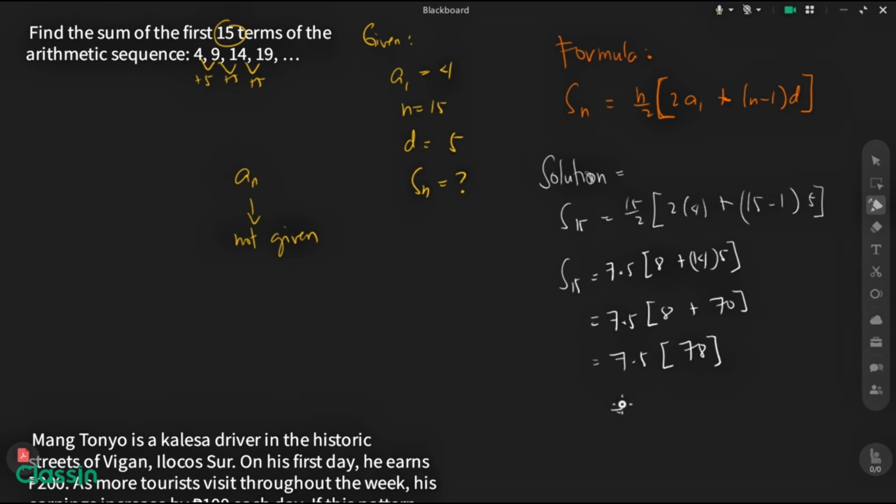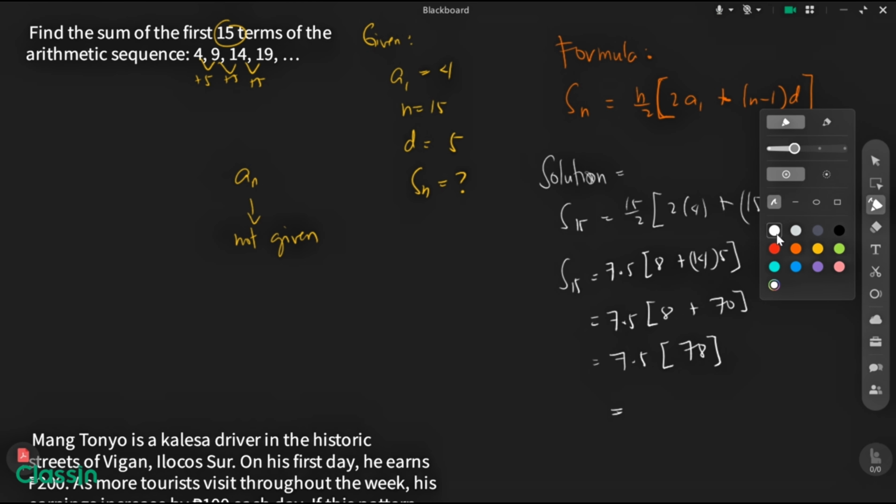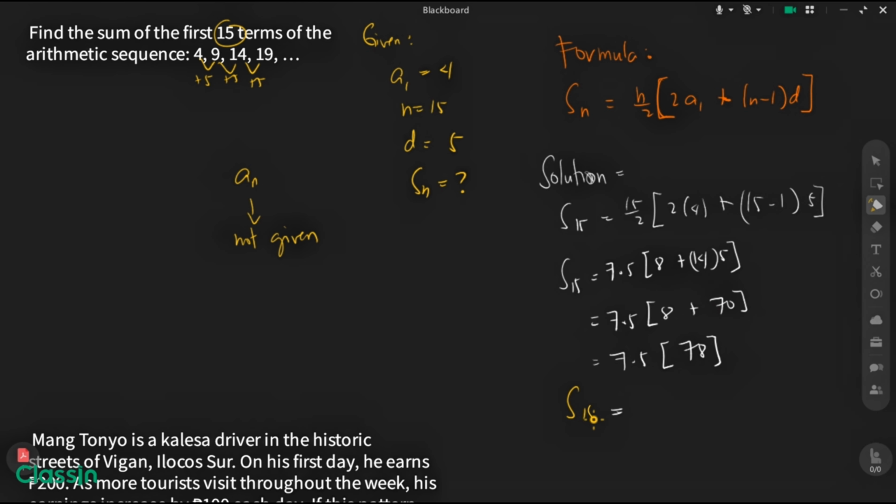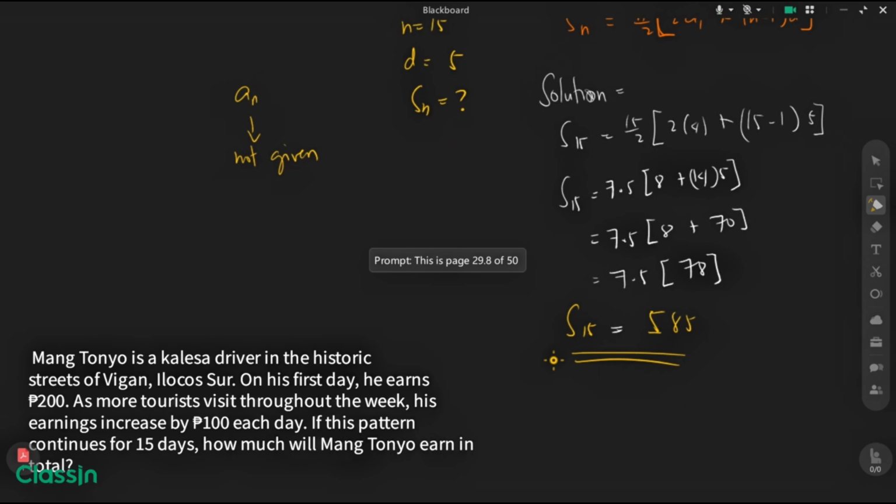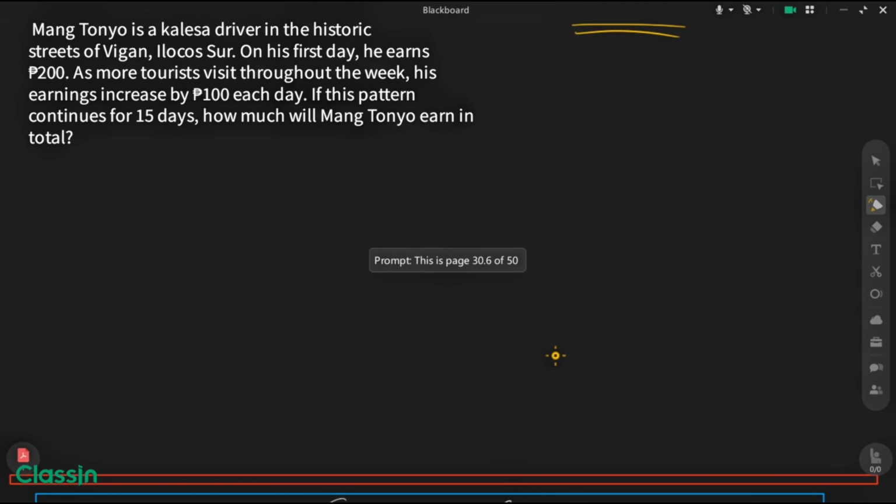The answer is 585. Therefore, the sum of the arithmetic sequence is 585. Let's apply what we have learned into the word problem.